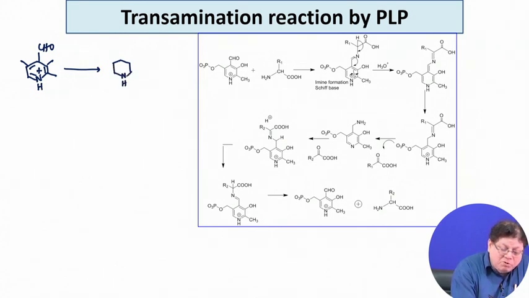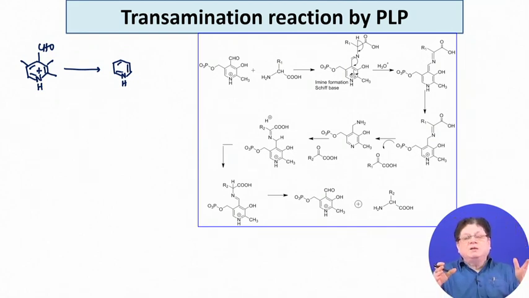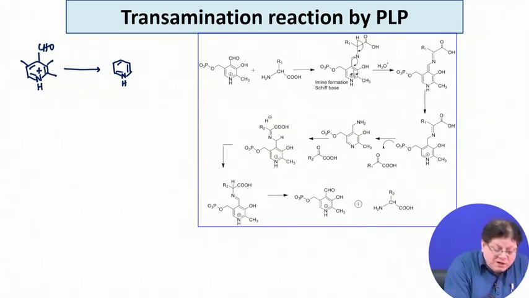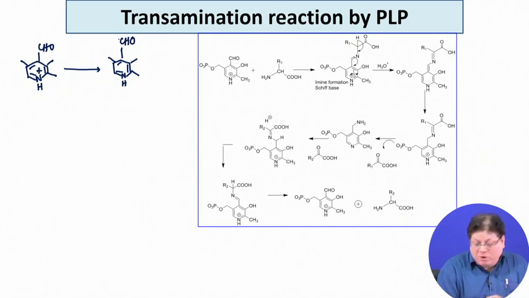remember we are talking about a reaction where a keto acid plus an amino acid forms, the amino acid goes to the keto acid and the keto acid goes to the amino acid. So, there are 2 substrates, it is a 2 substrate reaction. So, first it is the amine containing substrate, that means the amino acid containing substrate, that first binds.